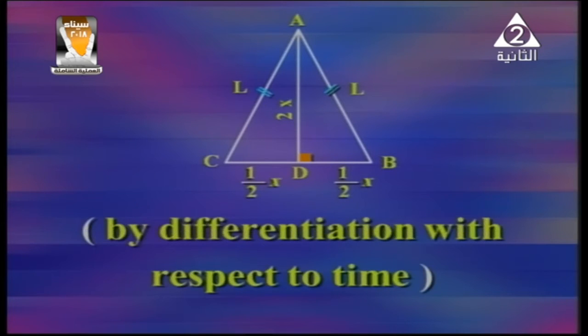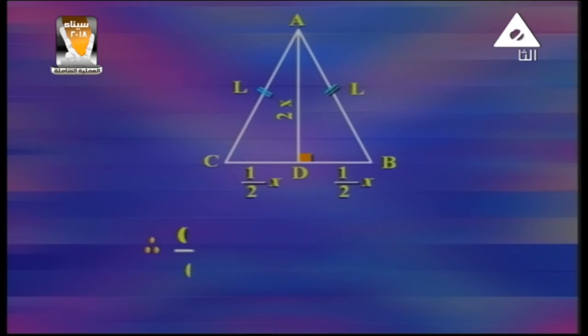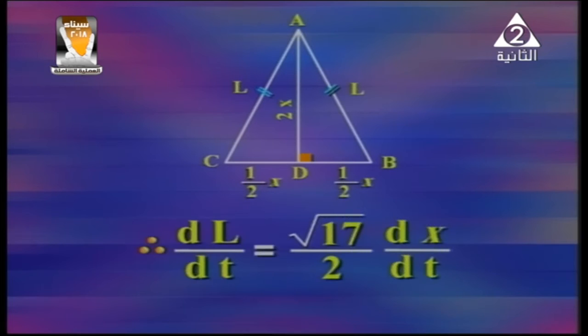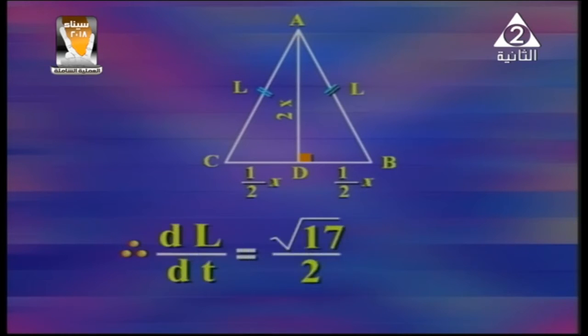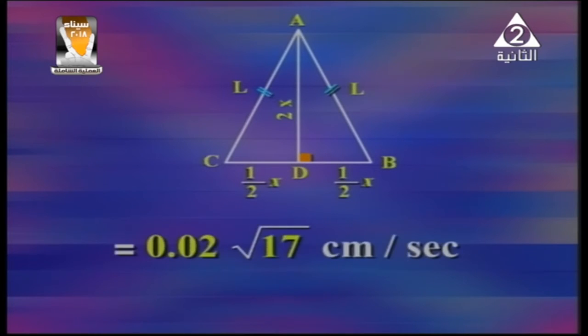By differentiation with respect to time t, dL over dt equals root 17 over 2 dx over dt. By substitution of dx over dt equals 0.04, the change of length with respect to time t equals what? 0.02 root 17 centimeters per second.